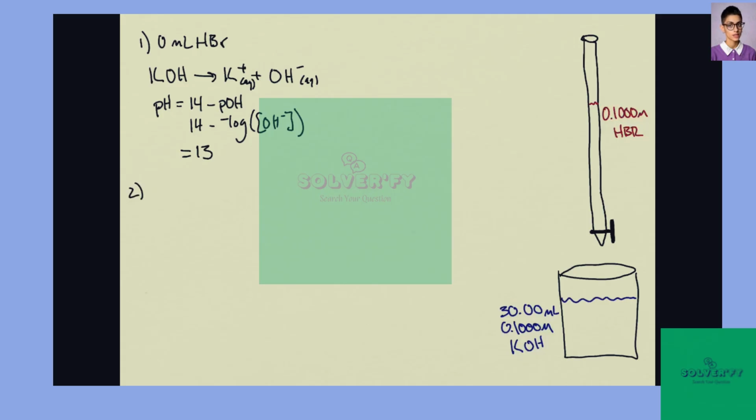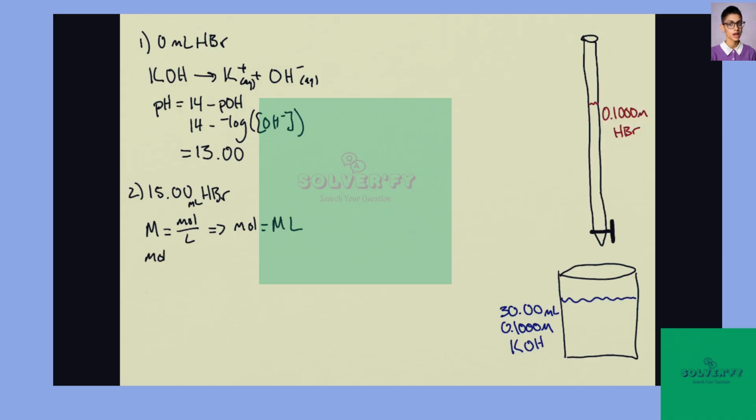Now let's look at the pH once 15 milliliters of acid has been added. Using the fact that molarity is equal to the number of moles over the volume in liters, we can solve for the number of moles of HBr by rearranging this equation: the number of moles is equal to the molarity times the volume in liters.